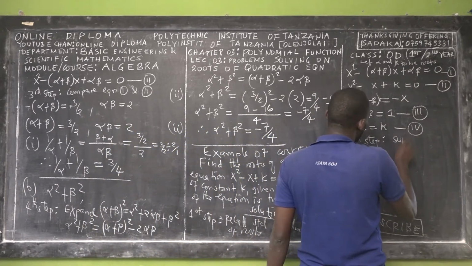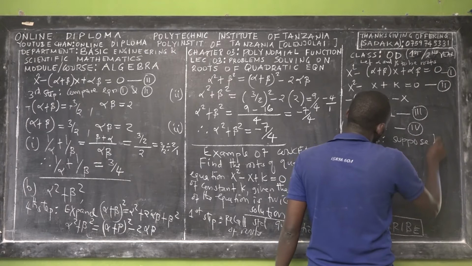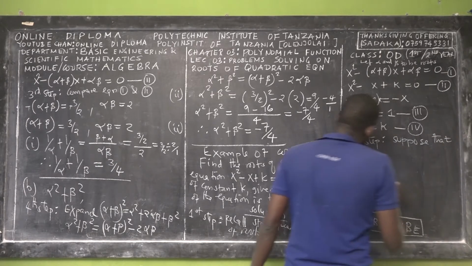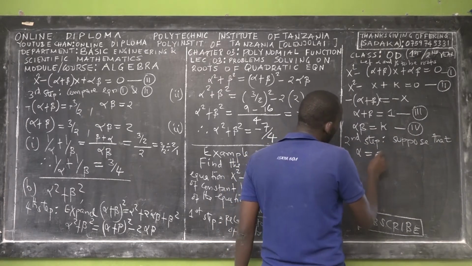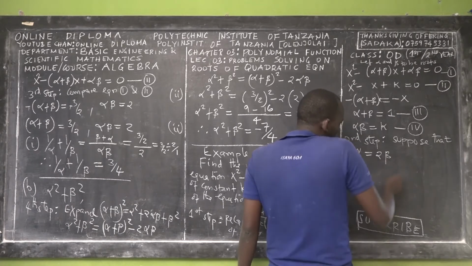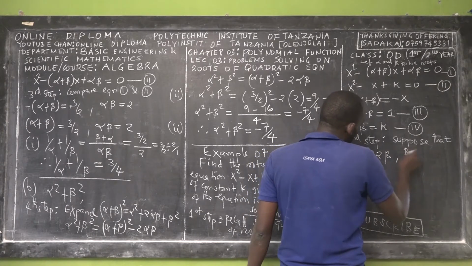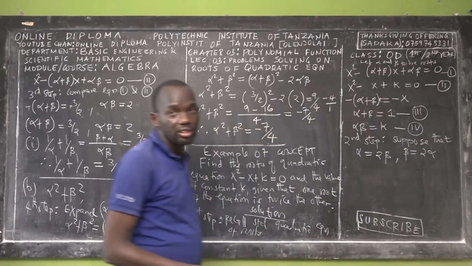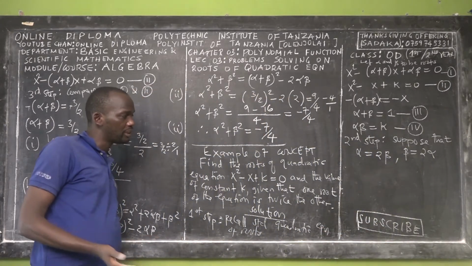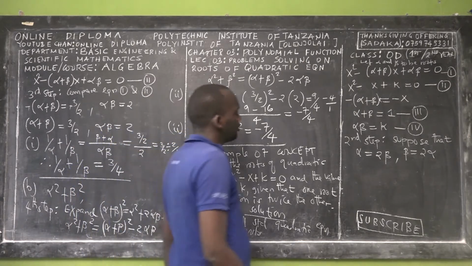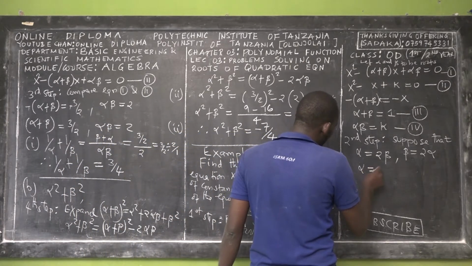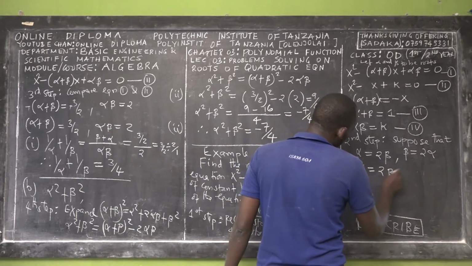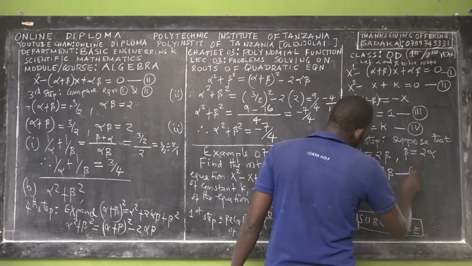So suppose that alpha is equal to twice beta. Or we can also suppose that beta is twice alpha, because we don't have the specified values of alpha and beta, so those are variables. So suppose that alpha is twice the other root, which is beta. So this will be equation 5.